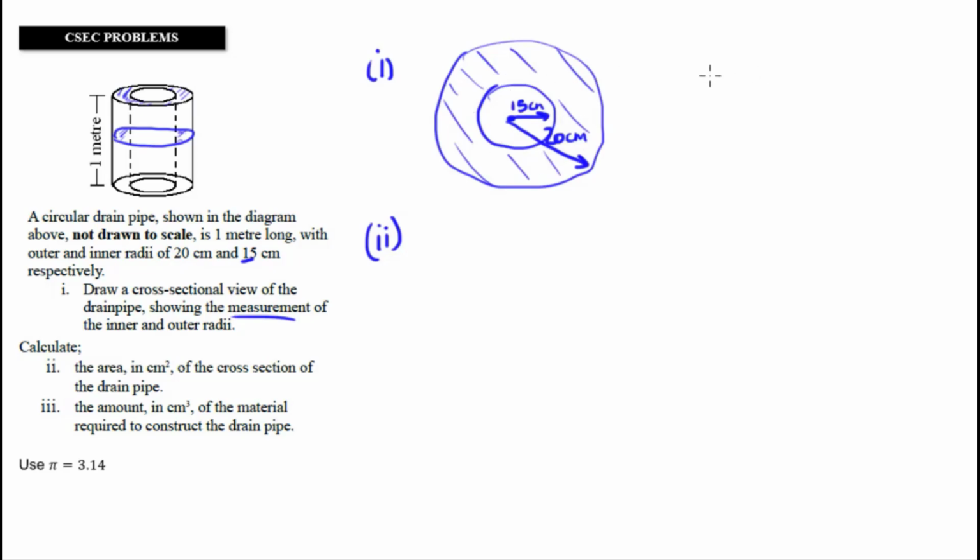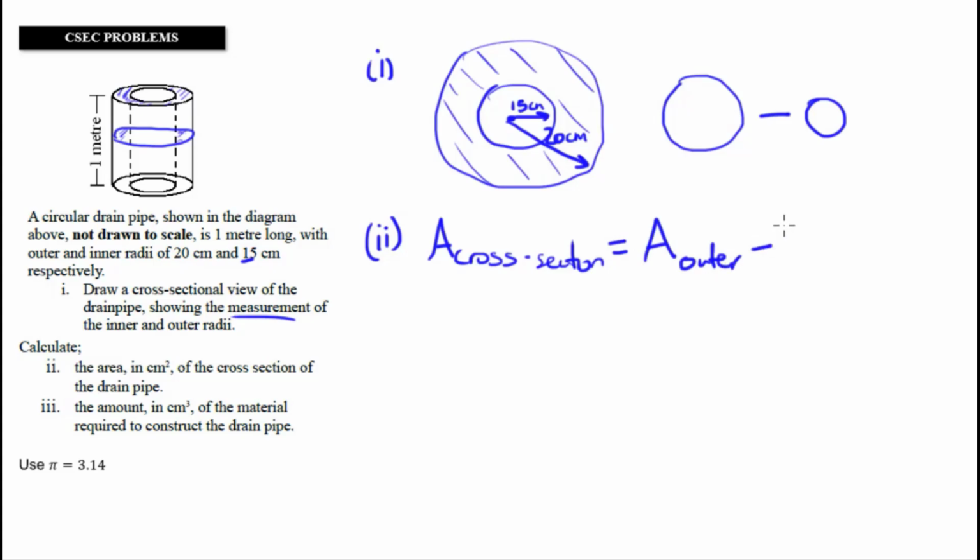So the area of this cross section is like having a big circle and taking this empty space out of the middle. So we're taking a little circle out of the middle of that big circle. So the area of the cross section is going to be equal to the area of the outer circle minus the area of the inner circle. Kind of like what we're seeing here.